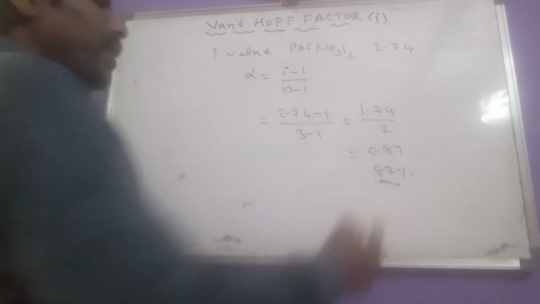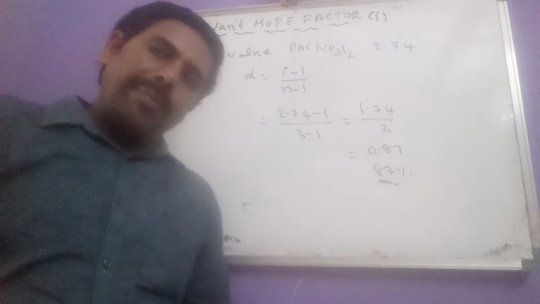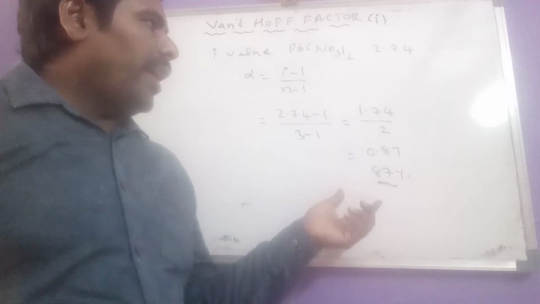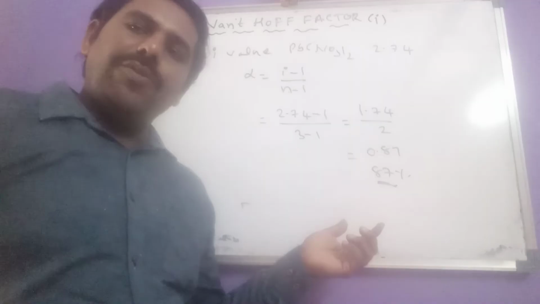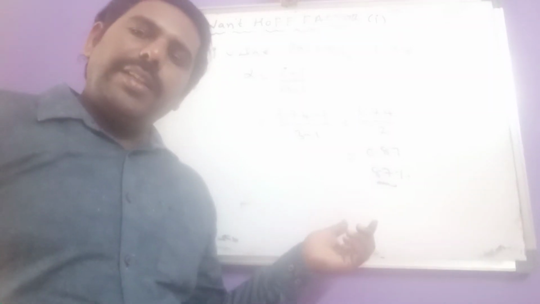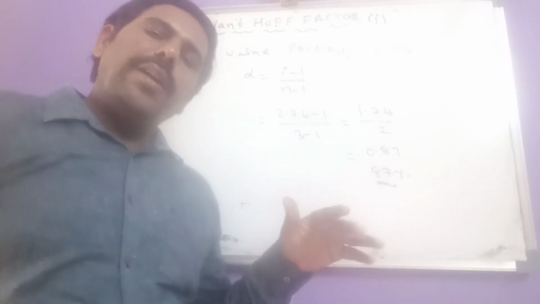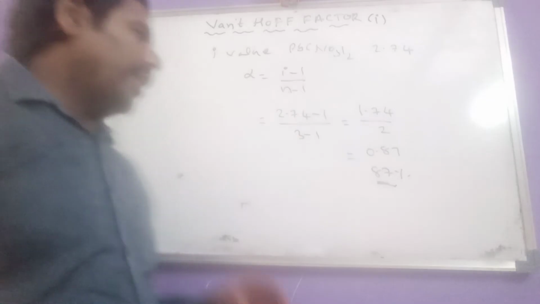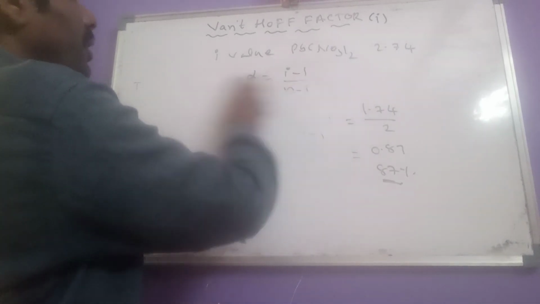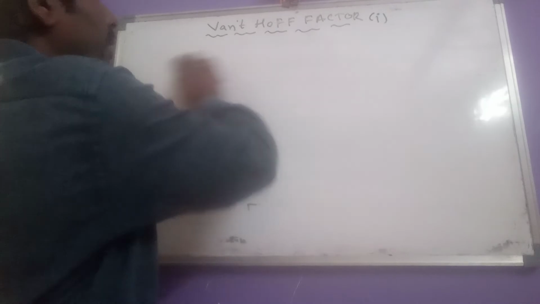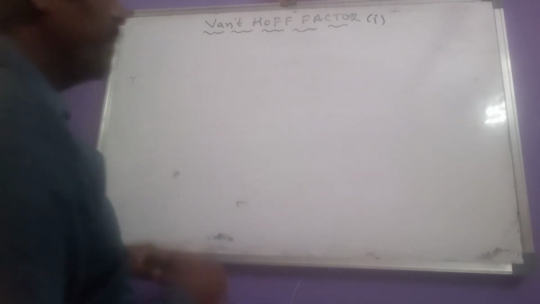And the percentage of dissociation is 87%. So like this we calculate the percentage of dissociation by using the I value. Okay, then another question I give here. Degree of dissociation of PbCl2.